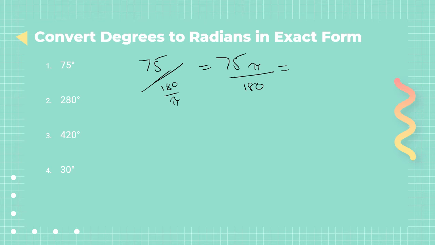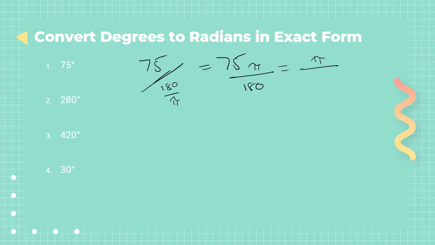So if we divide by 5, we get 36 pi over, let me just calculate this real quick. Yeah, sorry. So 75 divided by 5 will give us 15. So 15 over 36 pi.